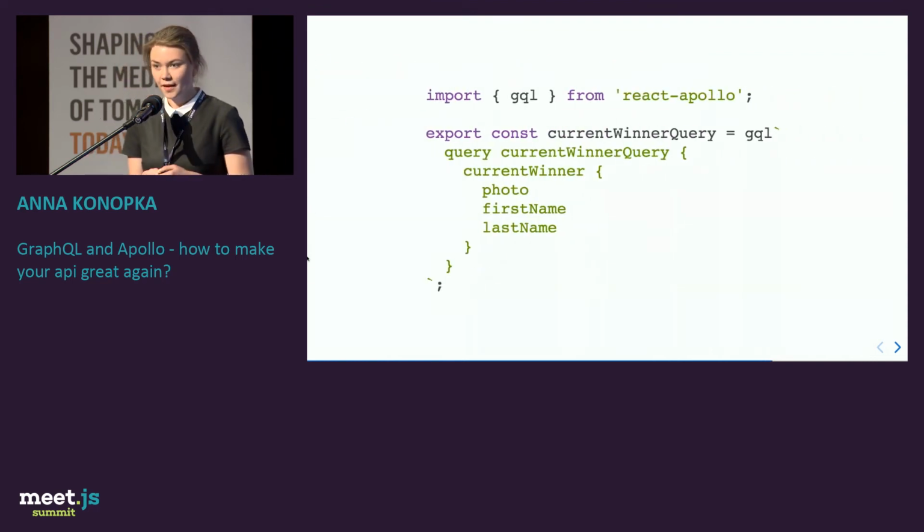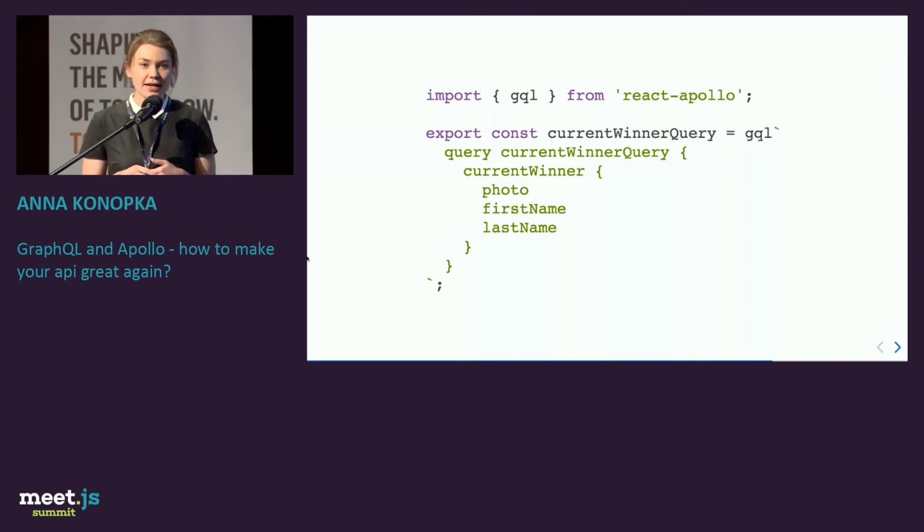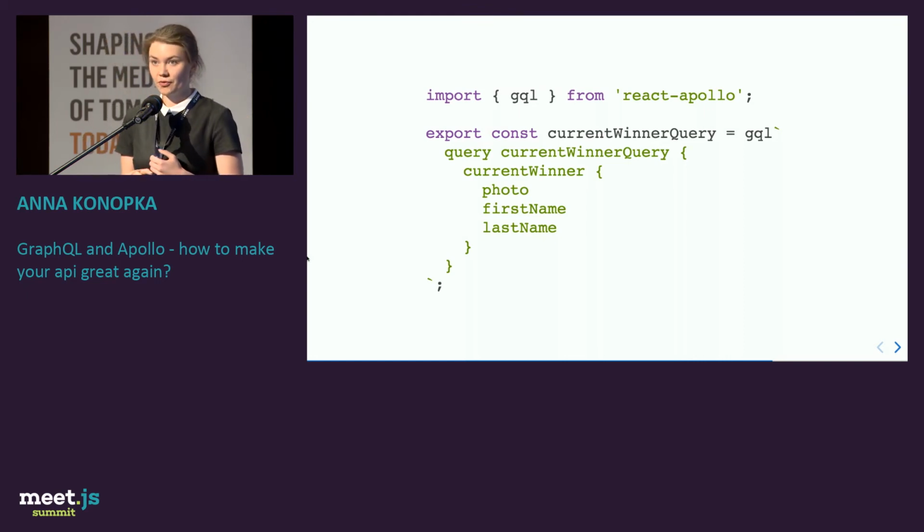Okay, so I prepared an example of how we can use it with React. As I said, we can do it also with Angular, but I think that there are many React developers here, so it's okay to do it so. And as you can see, here we are defining a query, and we actually almost have done that already when I was showing you GraphQL queries.